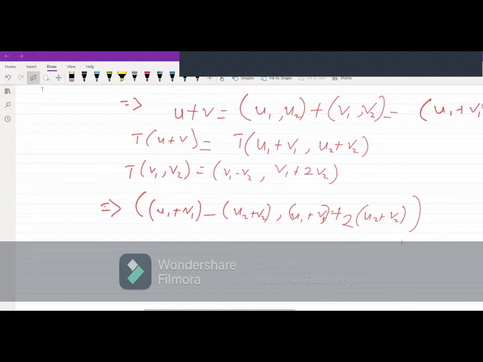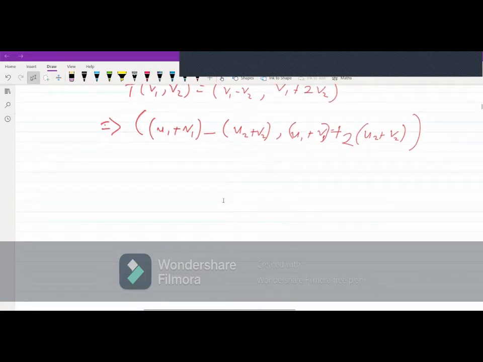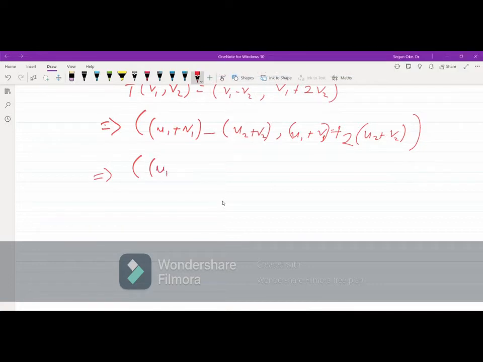Then by the time you begin to separate them here and there, at the end of the day, if you work it very well, you're going to have something similar to this: U1 minus U2 plus V1 minus V2, then your comma is there.